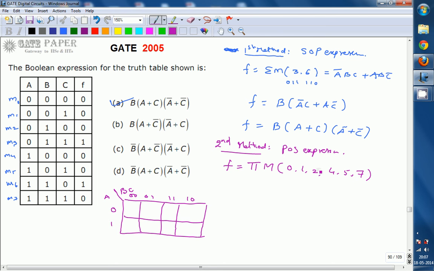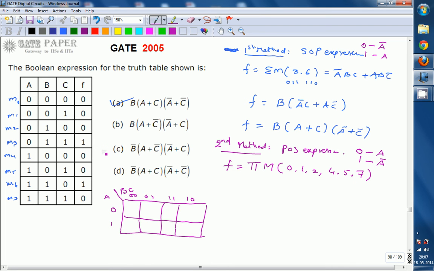For a POS expression, remember that 0 implies the true value, whether it is A, B, or C, and 1 implies the complement. Whereas in SOP, 0 implies the complement and 1 implies the true value. It is exactly opposite: in POS, 0 implies true value and 1 implies complement.